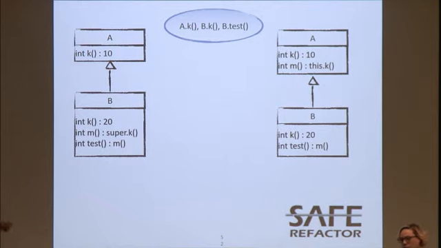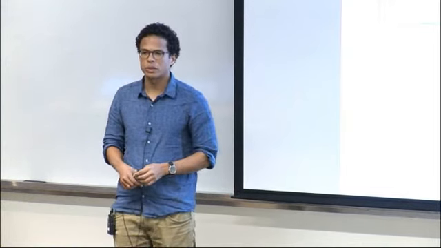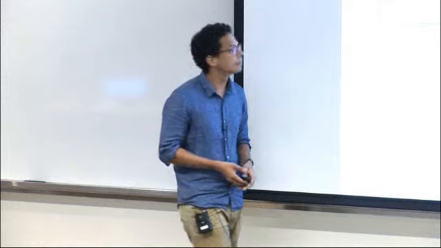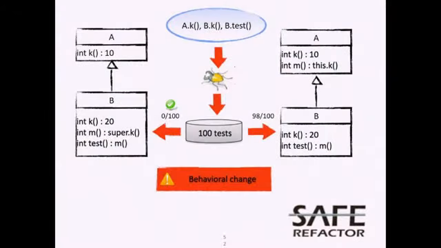First, it identifies the common methods between these two versions of the program, because we are trying to get a common API so that we can test. The edit may have added new methods or removed other methods that would make the test invalid. So we get only the common methods, and then we use a random test generator. In our case, we are using Randoop to generate tests for these methods.